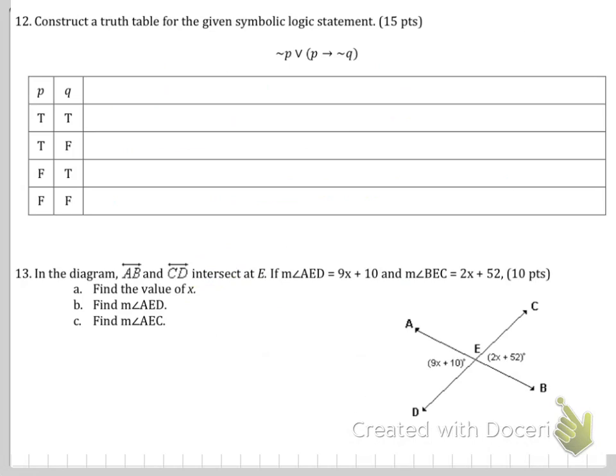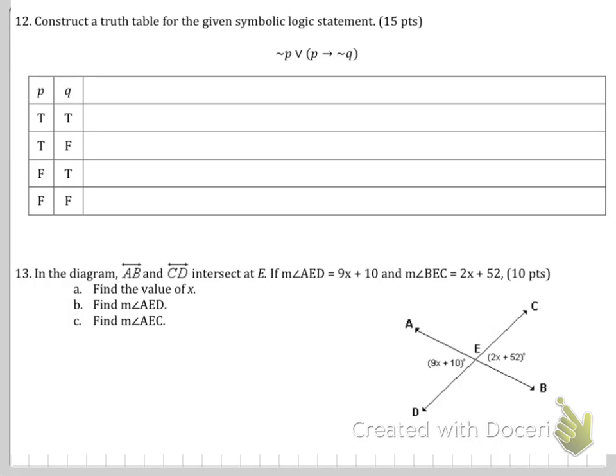All right, let's move on to the next one, number 12. Now we want to construct the logical statement truth table here. We have P and Q, which were given. Now what else do I need?